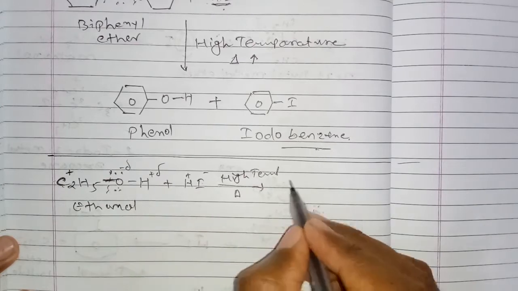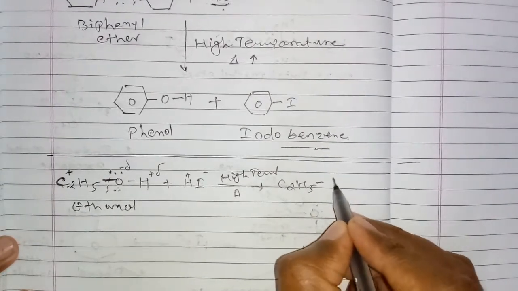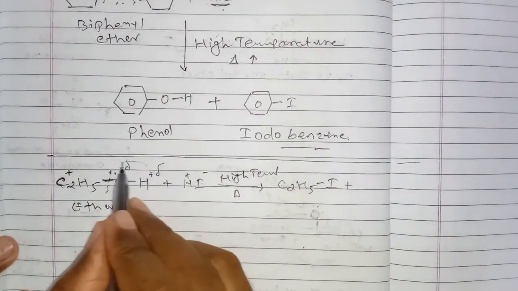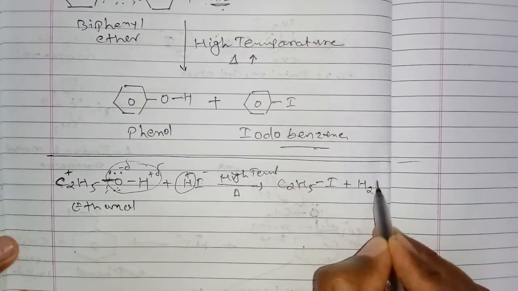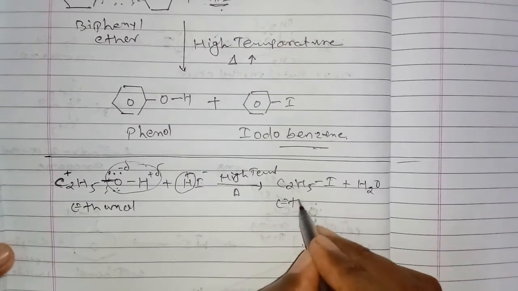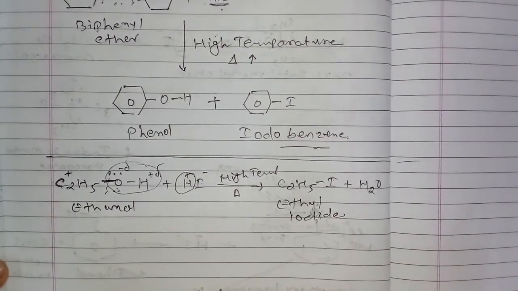So it forms ethyl iodide, and the rest of the part is converted to a water molecule. Ethyl iodide is formed.